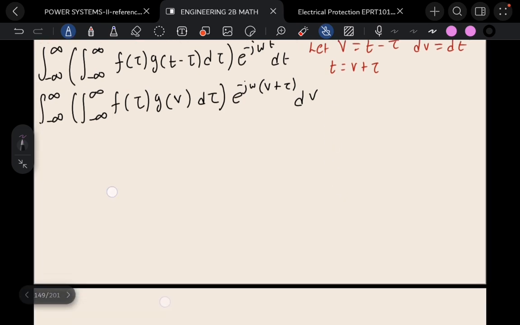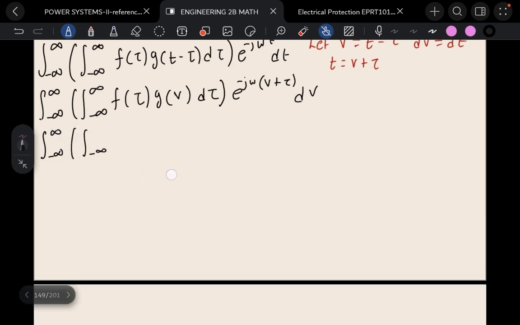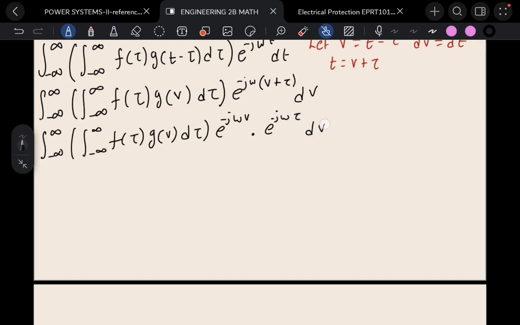You can actually see that you can separate the e, right, from negative infinite to positive infinite, integral of f of tau g of v d tau e to the power negative j omega v times e to the power negative j omega tau dv, and then we can do the integral thing.